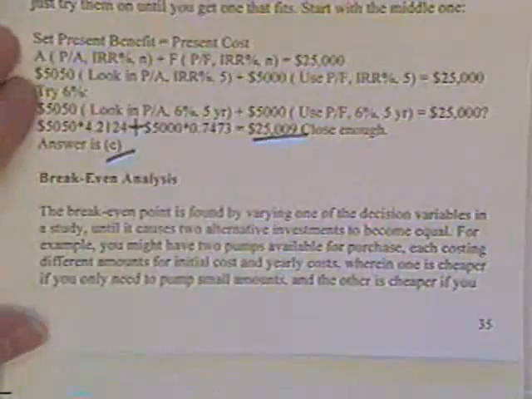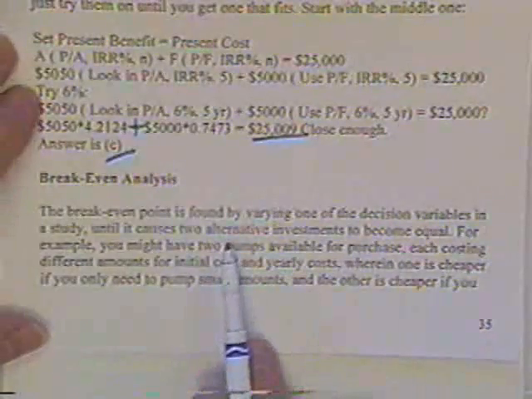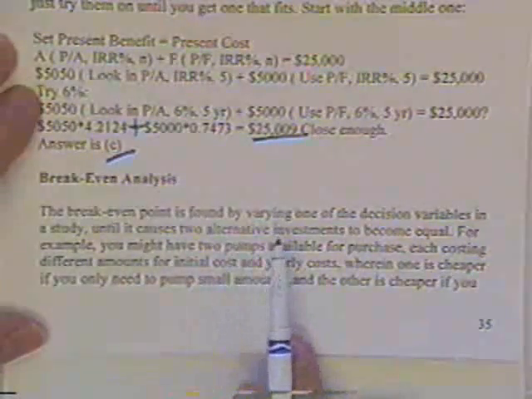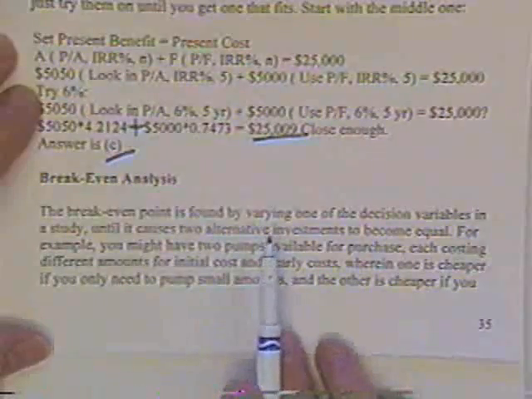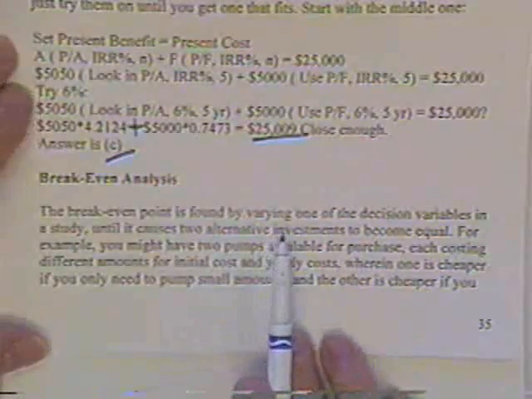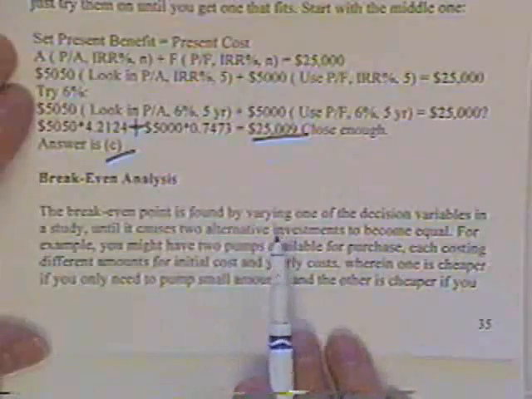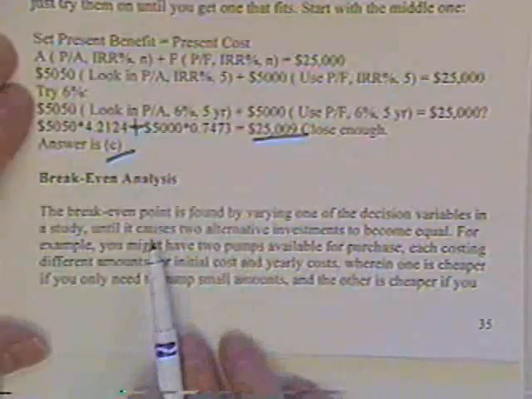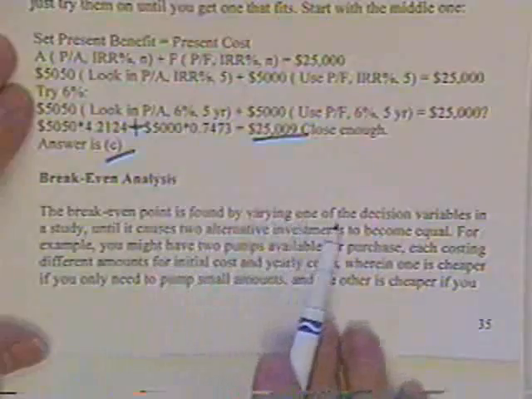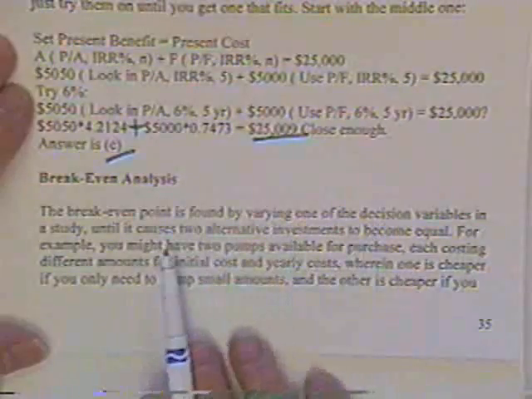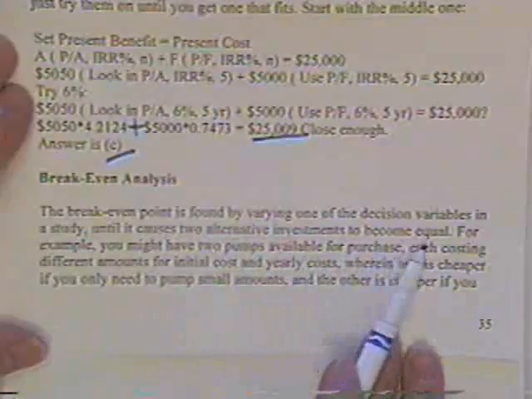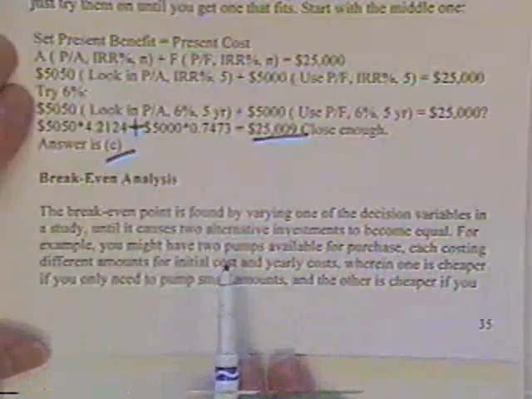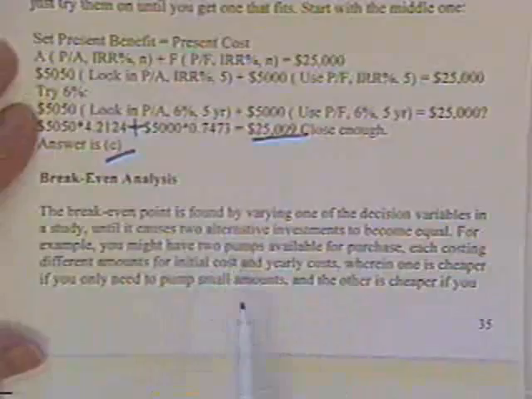Well, I'm looking for the break-even point, the point at which the number of computers made just barely breaks even so that we don't have any loss and we also don't have any profit. The break-even point's found by varying something like how many you're going to make until that change causes two alternative investments to become equal.